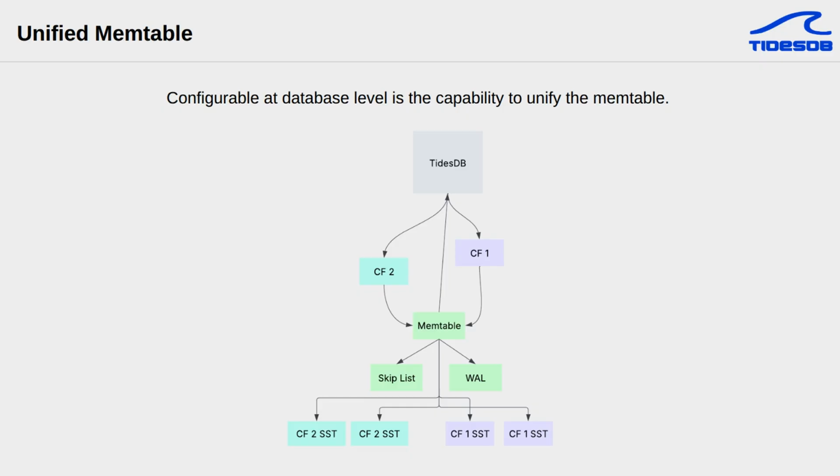Everything else is pretty much the same. This is very good in the MariaDB plugin's case, where a table can have many secondary indexes and a primary index, which we'll get into, so there are a lot of column families. The unified memtable makes this highly efficient.